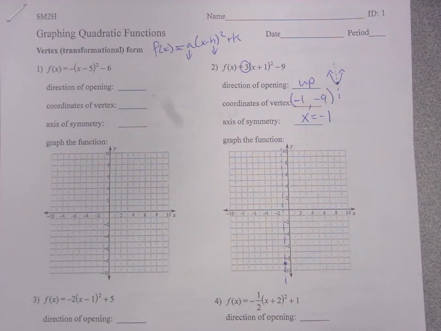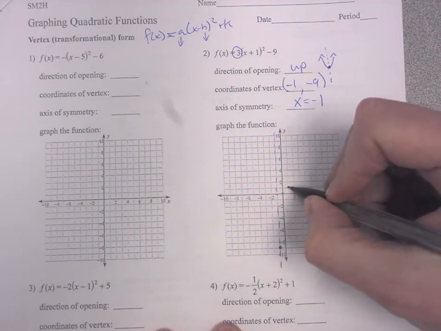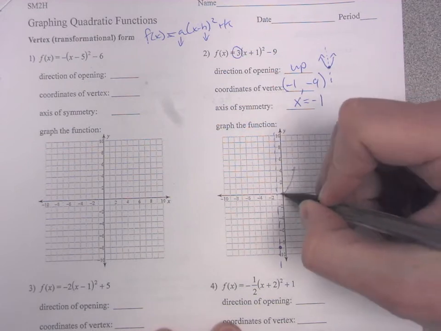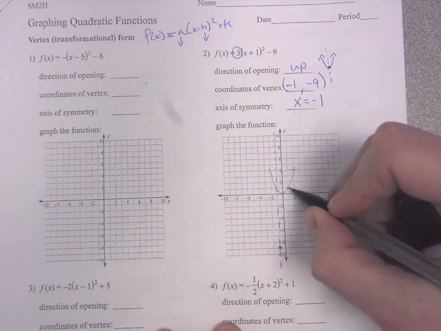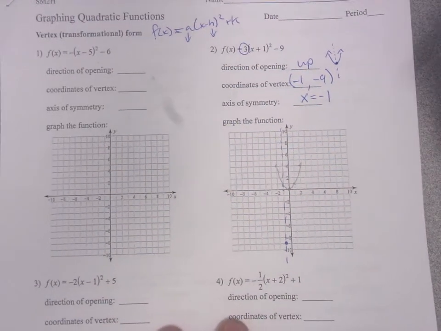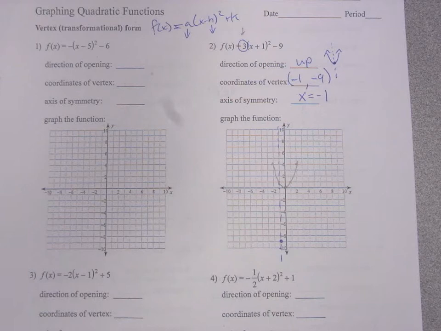Okay, now we just got to figure out how wide the graph is. So I'm going to switch to pencil really quick because I want to graph the original function. Okay, when we graph the original quadratic, the parent function, it has these key points that we've talked about many times: (0, 0), (1, 1), (2, 4), (-1, 1), and (-2, 4). Okay, this 3 right here is a stretch factor, and so it's going to stretch out all those points.